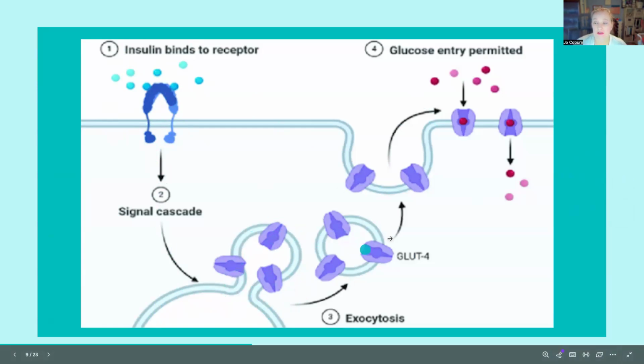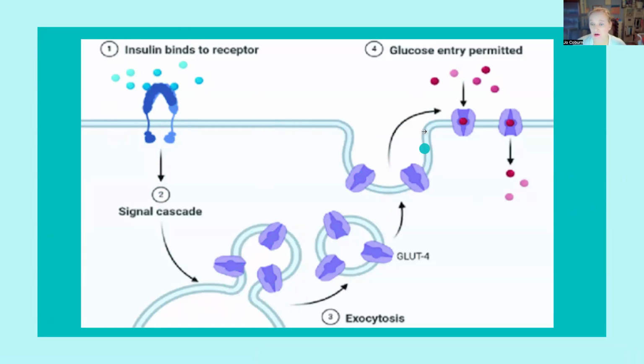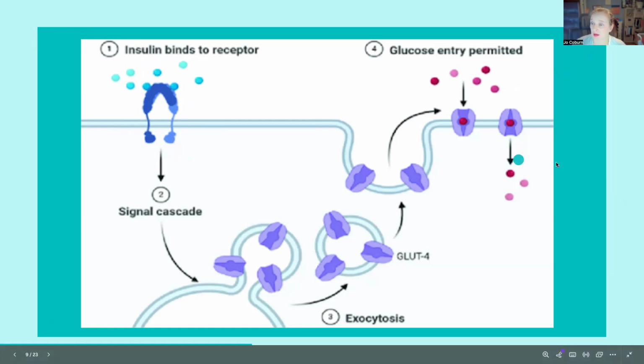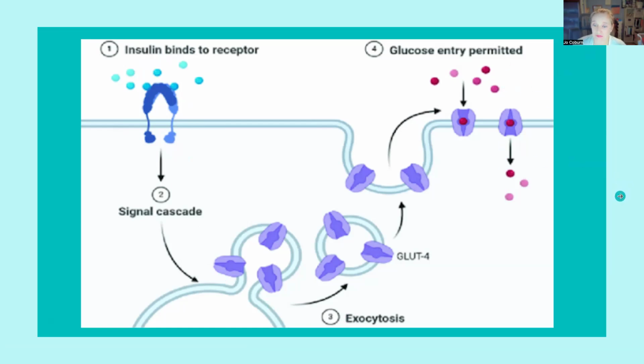GLUT4 builds this little raft, which then goes to the outside membrane, and once they get here, glucose entry is permitted into the cell. So it uses insulin and glucose is permitted. Everybody get that? There are lots of other things that happen in here, but this is the bare bones of GLUT4.